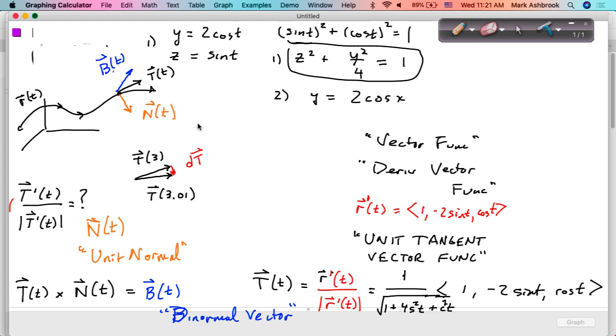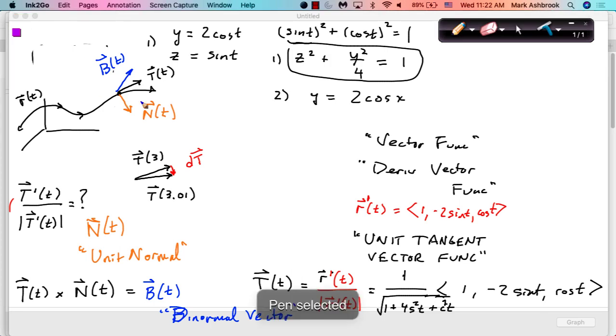For instance, if you took a little teeny bit of the curve, like from 3 to 3.01, imagine that really small piece of the curve. The tangent plane is tangent to that curve, but the plane of n and t contains the curve at that moment. Do you see that?